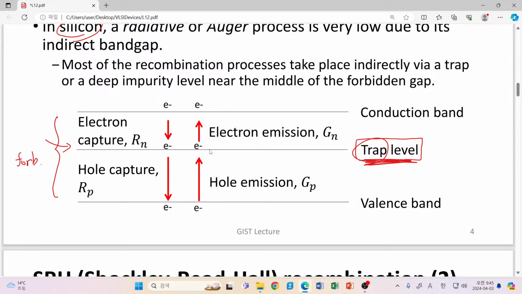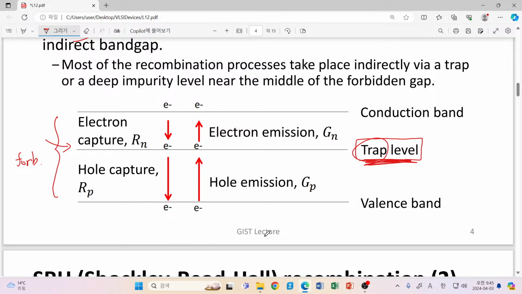So maybe you remember that we have talked about Professor J's quite famous diagram. I don't remember the exact time we discussed, but here we have EC and EV, and if we introduce good N-type dopants, then we have certain levels like this, and if we introduce good P-type dopants, then we have levels quite close to EV.